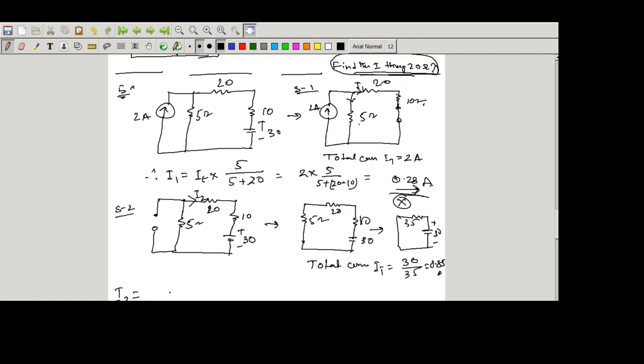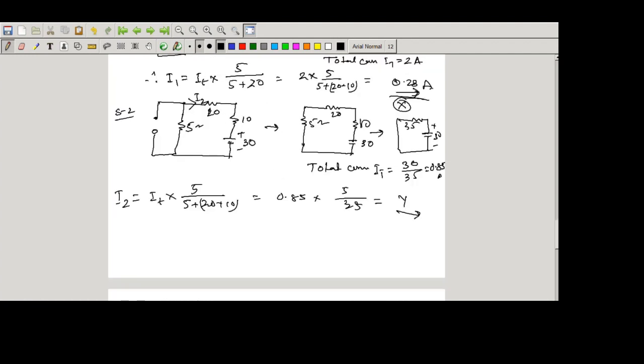So I2 will equal the total current IT times the opposite branch resistance, 5, divided by the opposite branch resistance plus the running branch resistance, 20 plus 10. So here IT equals 0.85 into 5 by 35. So suppose this value is Y. Now the direction of Y is also in this way.